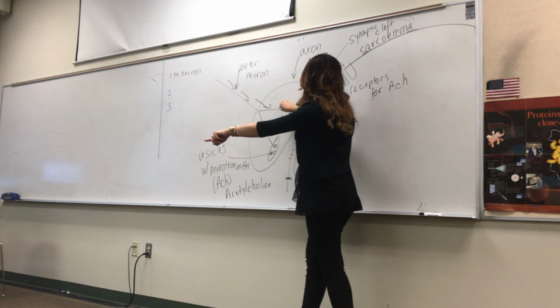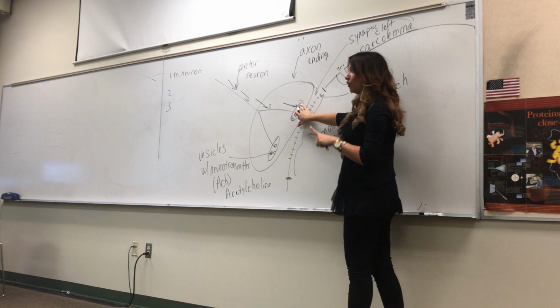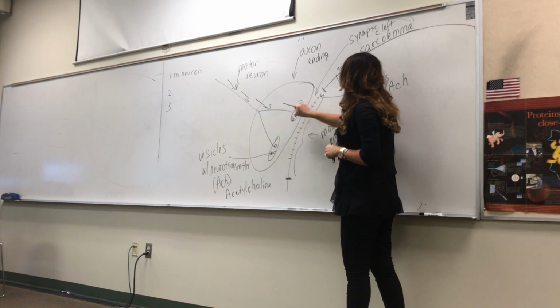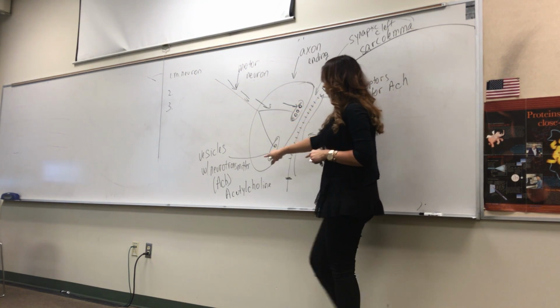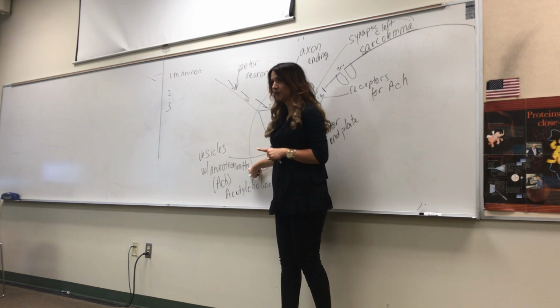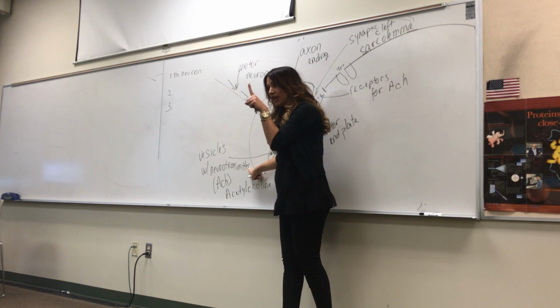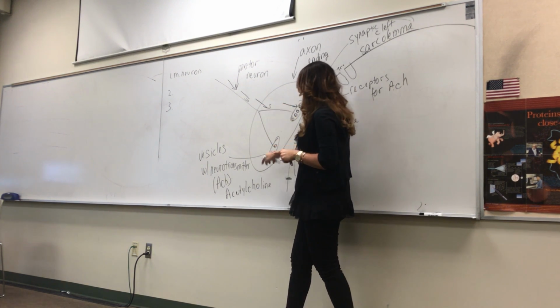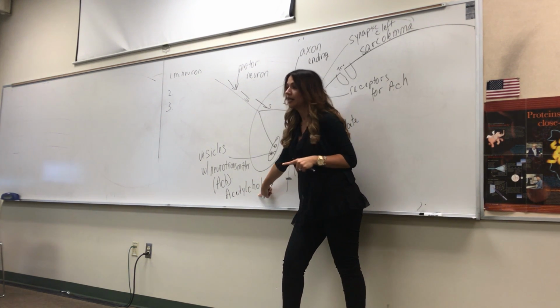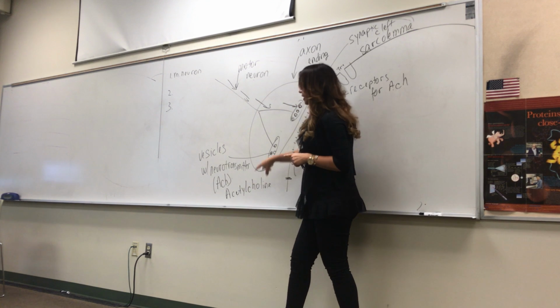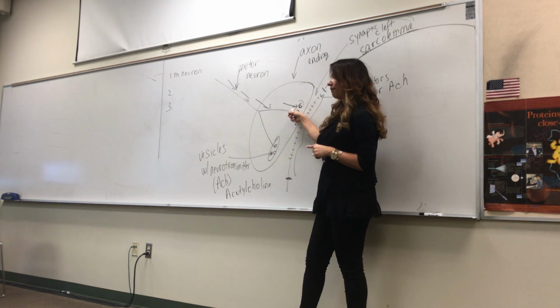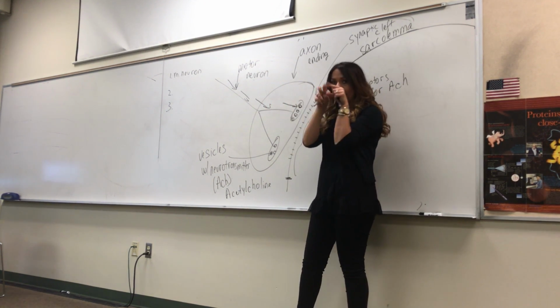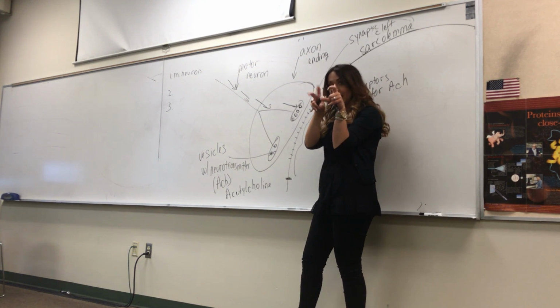And as the action potential travels all the way to the axon ending, these vesicles with neurotransmitters, so we have a bunch of neurotransmitters. The one that's specific to my neuromuscular junction is this one, acetylcholine. So as soon as my impulse travels to these vesicles, they will empty out the ACH.